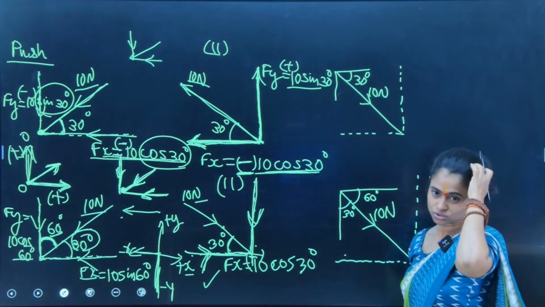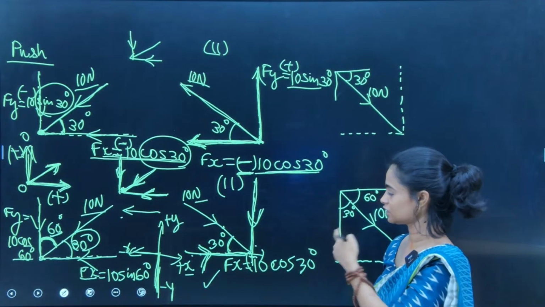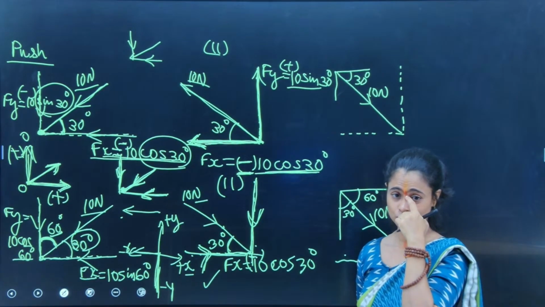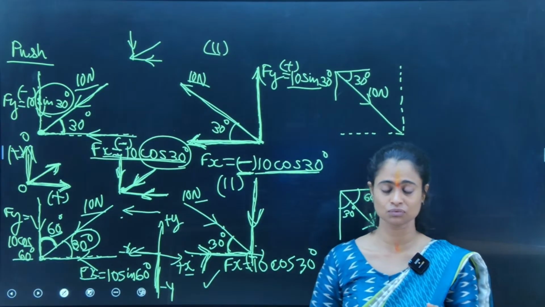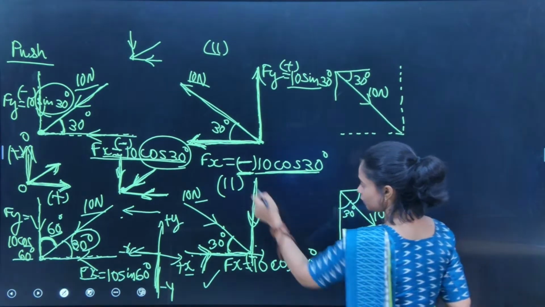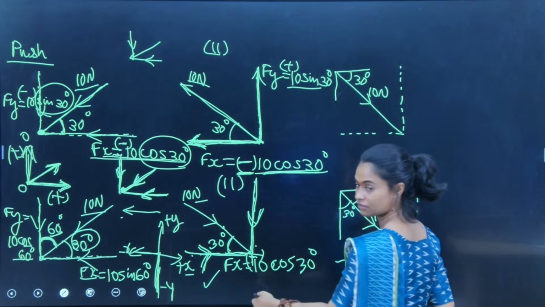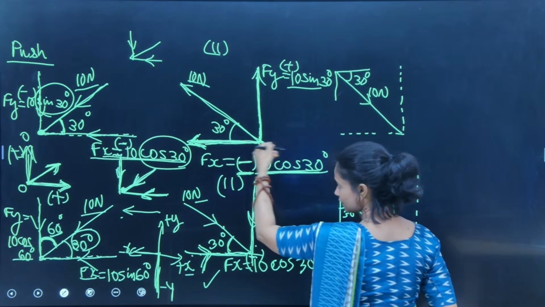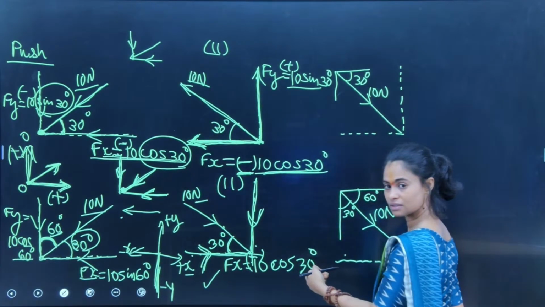Please make notes, because I am writing and this is becoming clumsy. So if you only rely upon this, you will be getting confused. So take notes. Previously the magnitude is same, but the direction is reverse. Previously the direction was in this way, now the direction is in this way.